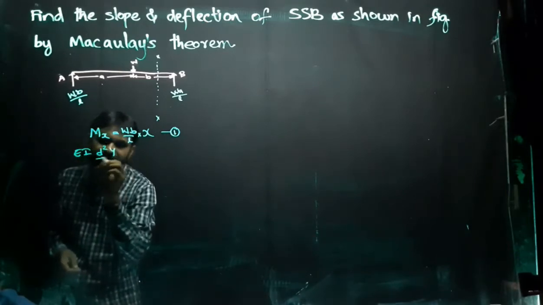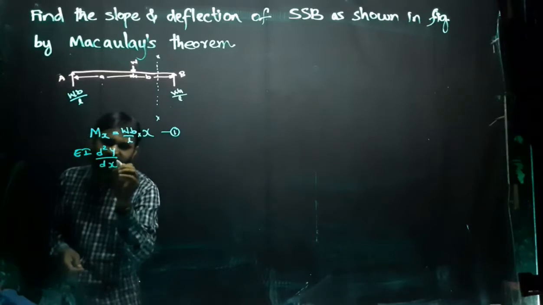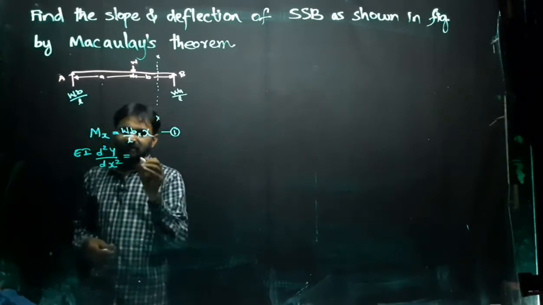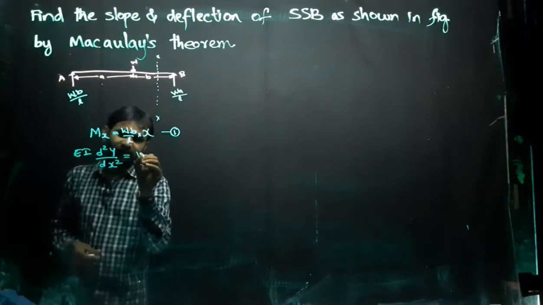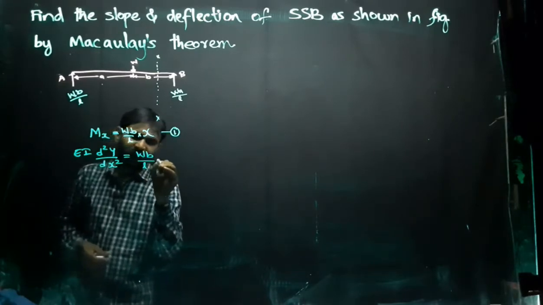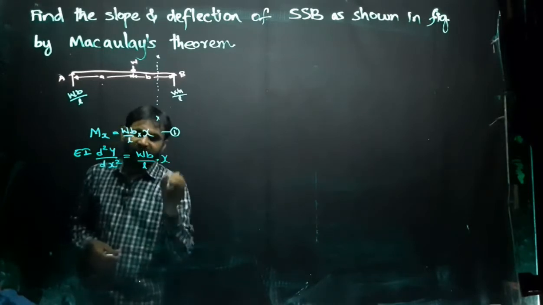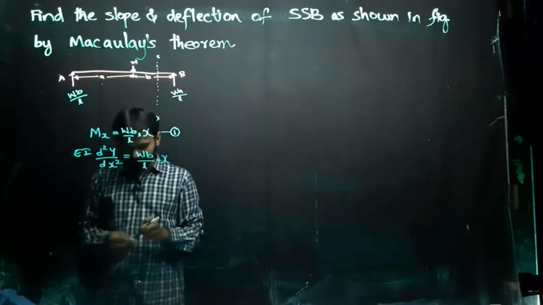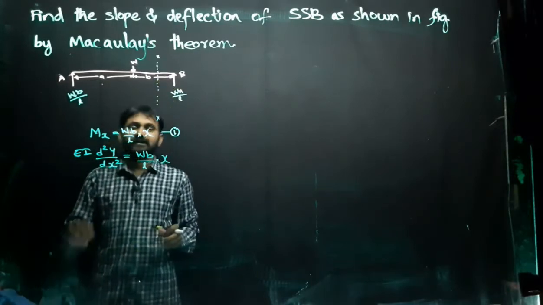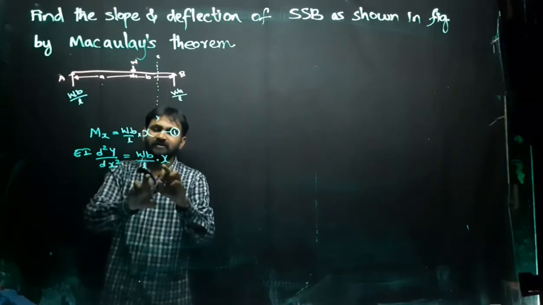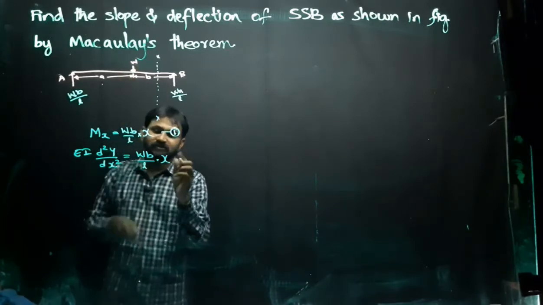Going through our bending moment equation, EI d square y by dx square is equal to WB by L into x. So I have to find out the slope and deflection with respect to that x. Now one more load is also coming.